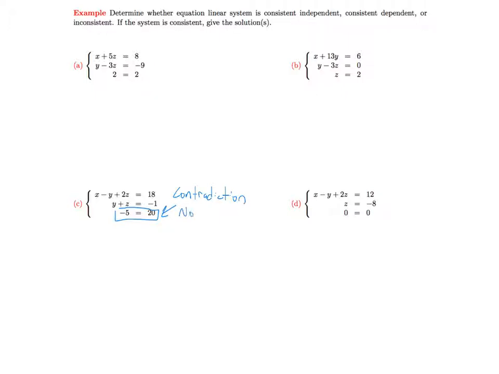This is not true, and there's no values of x, y, and z that I can substitute to make that true. So when we have a contradiction like that, this tells us that the system has no solutions, and that we call inconsistent.